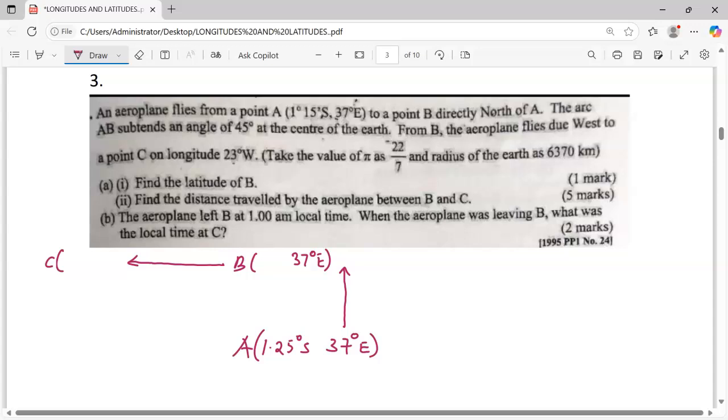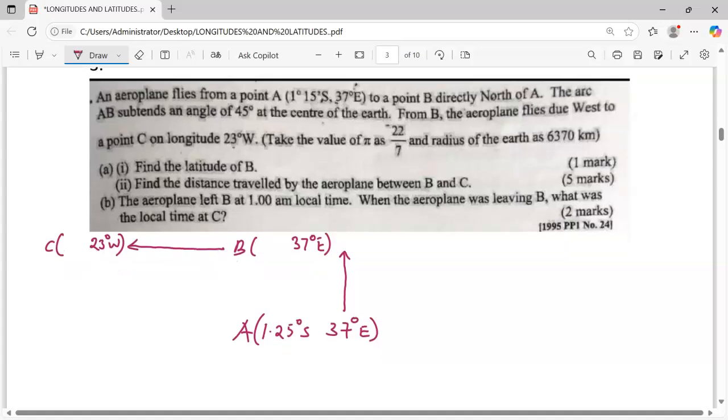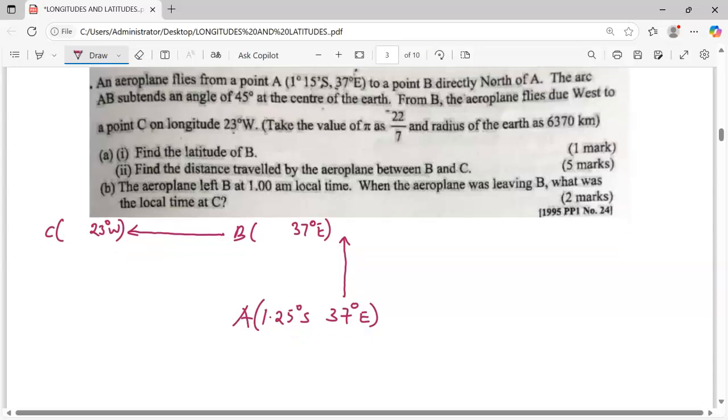The longitude of C is different, but they have told us the longitude of C is 23 degrees west. So what we are supposed to calculate is the latitude position of B, which is also going to be the latitude position of point C.